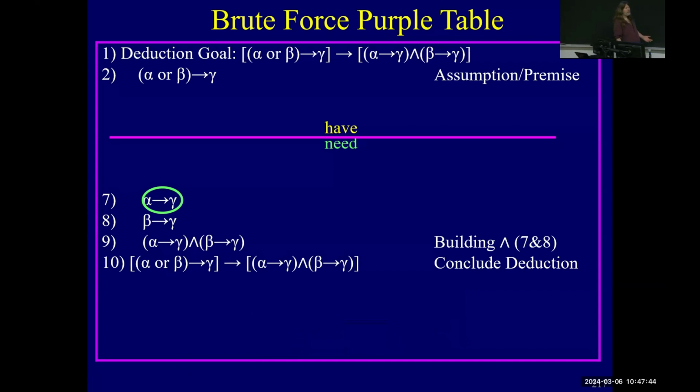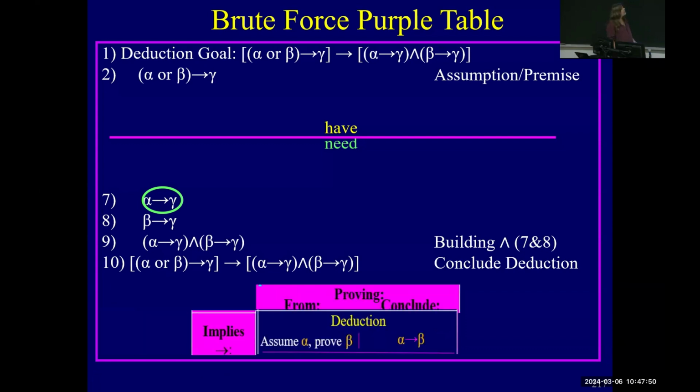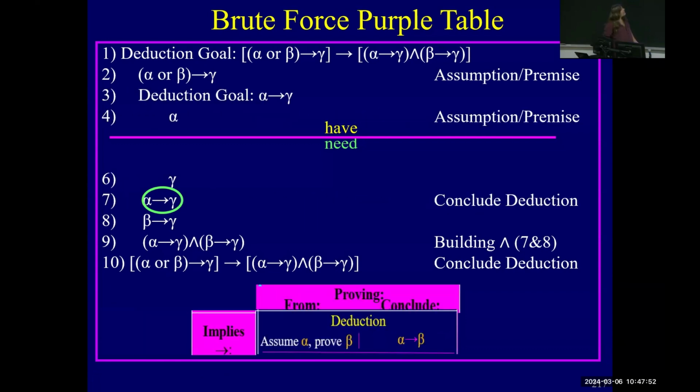Now, how do I prove this one? Well, that's just deduction, right? So here's my deduction. I assume alpha and I need to prove gamma. All right? So how can I get, if I have alpha, what do I have? I have this line and I have alpha, and I need gamma. How am I going to get gamma from these?